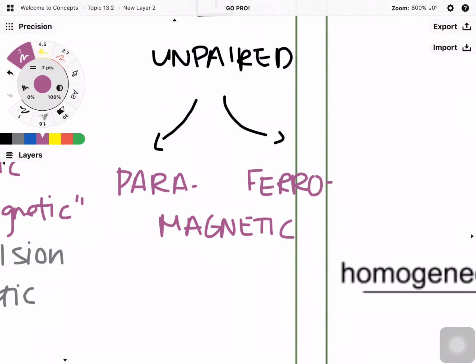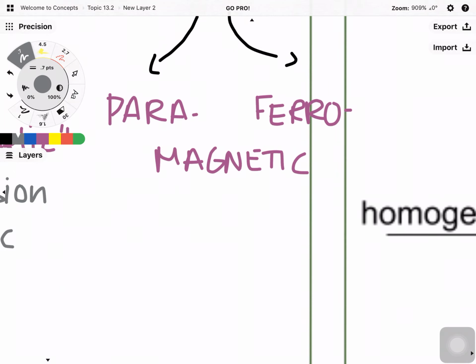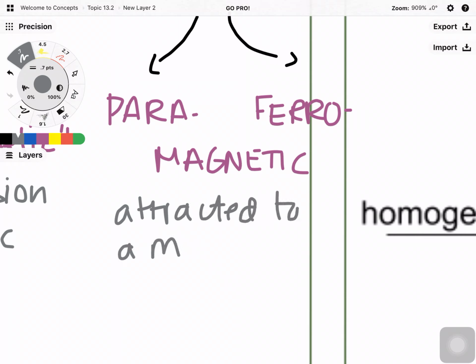A ferromagnetic substance and a paramagnetic substance, both of them are attracted to a magnetic field. What happens is, if these substances come into contact with a magnetic field, all of the electrons' spins line up, resulting in an attraction that the material has to the magnetic field.